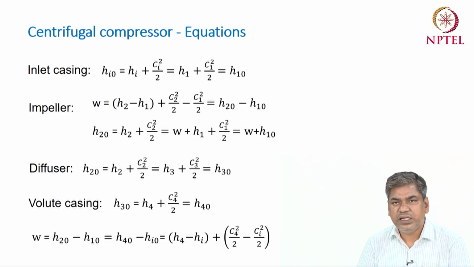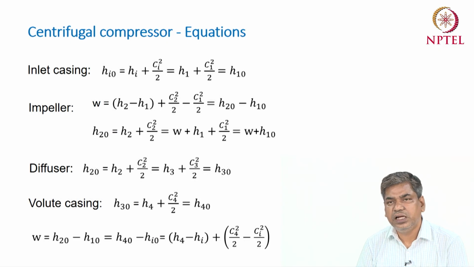Then after that there is an outlet section, that means the volute casing. For this case also the total energy will remain the same. So H30 is equal to H40, that is the enthalpy and kinetic energy at point 3, and also equal to the enthalpy and kinetic energy at point 4.